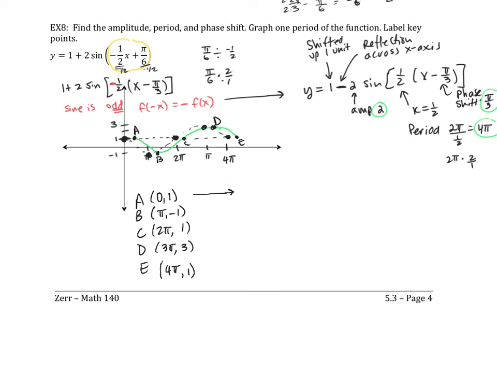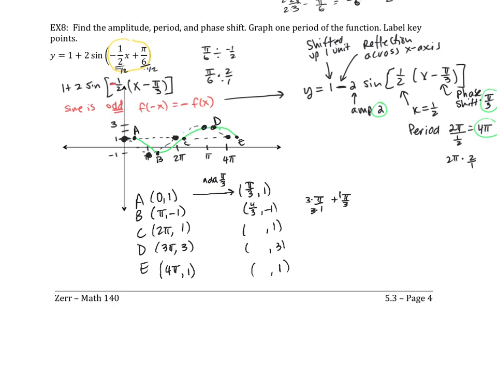Okay, and now we just apply our phase shift. So we're going to add pi over 3 to each x value. Our y's are going to be the same, but all we're doing here is adding pi over 3 to the x value. So pi plus pi over 3, you're just getting a common denominator, 3 pi over 3 plus 1 pi, that would be 4 pi over 3.